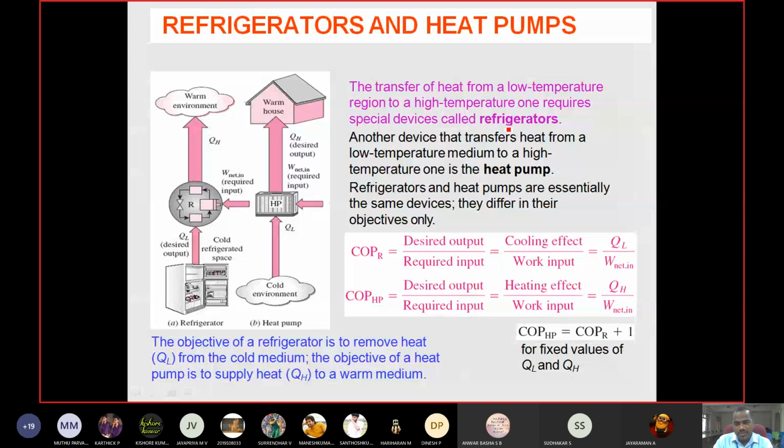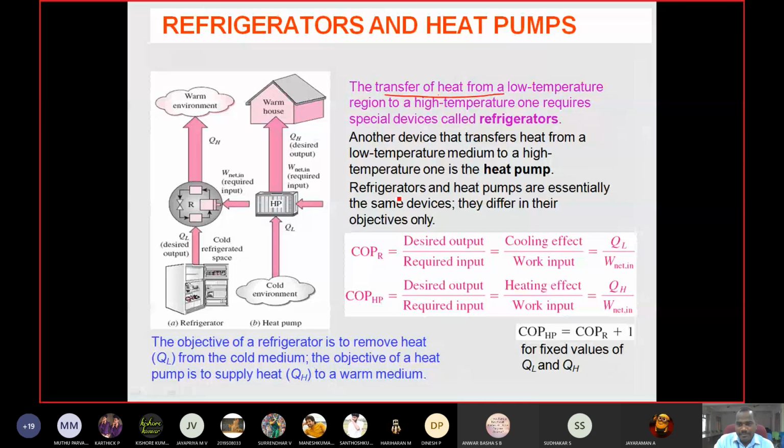So both the refrigerator and heat pump are the same in process. Here we have to transfer heat from a low temperature to a high temperature region. In the case of a heat pump, again this will transfer heat from a low temperature medium to a high temperature one.